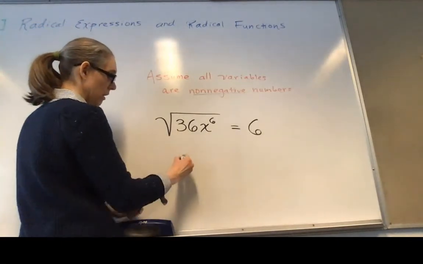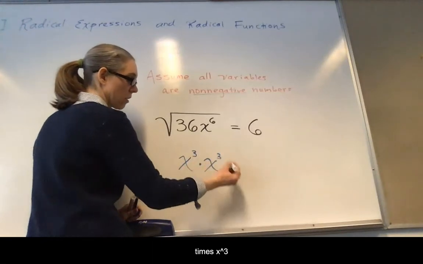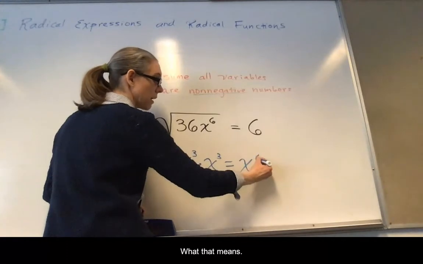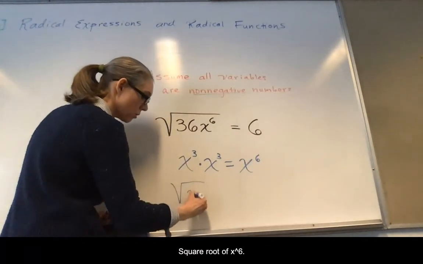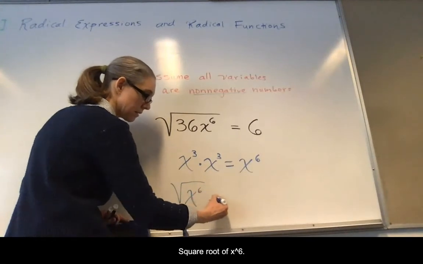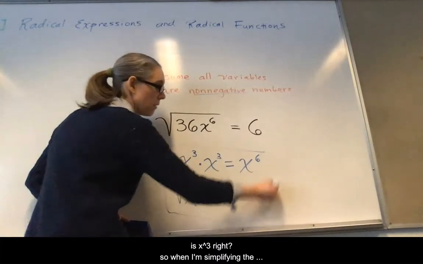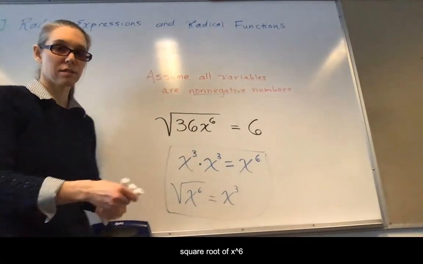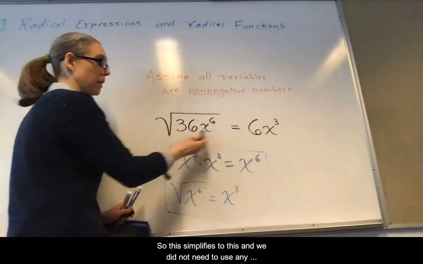So because x to the 3rd times x to the 3rd is equal to x to the 6th, what that means is that the square root of x to the 6th is equal to x to the 3rd, right? So this simplifies to this.